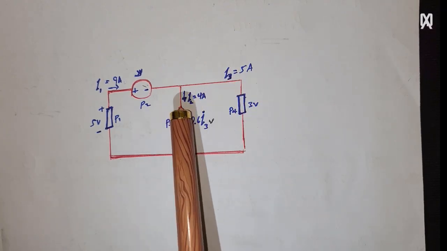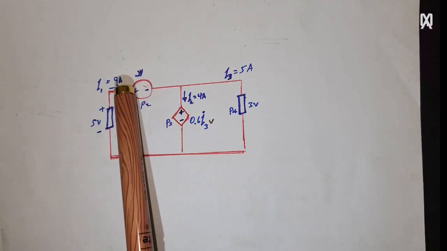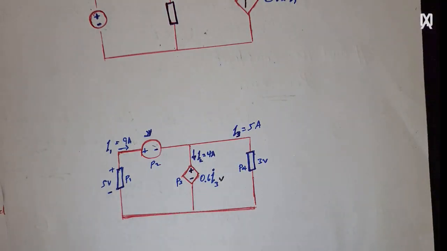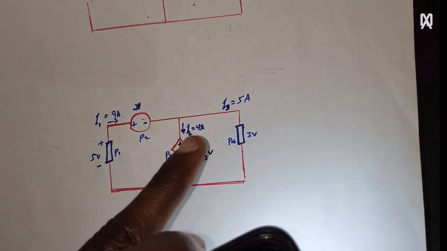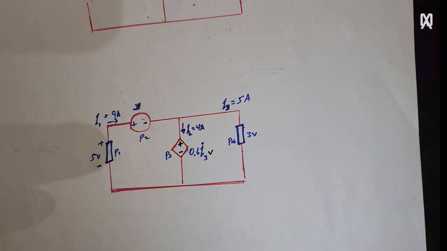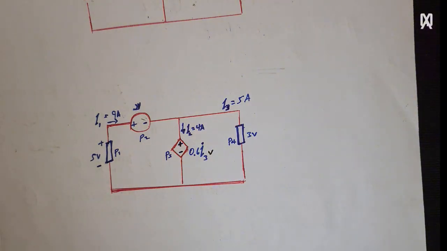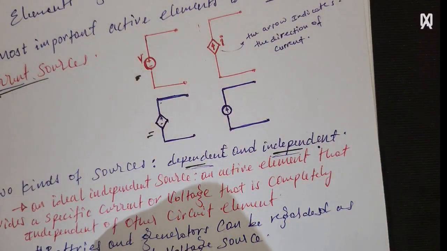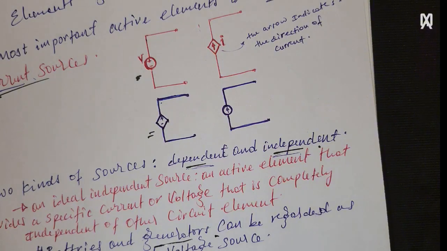That's why it's called a dependent source. This one just provides 2 volts independently. Whether the current on other branches changes or not, the amount of this voltage is fixed. The best examples for independent current and voltage sources are batteries and generators.